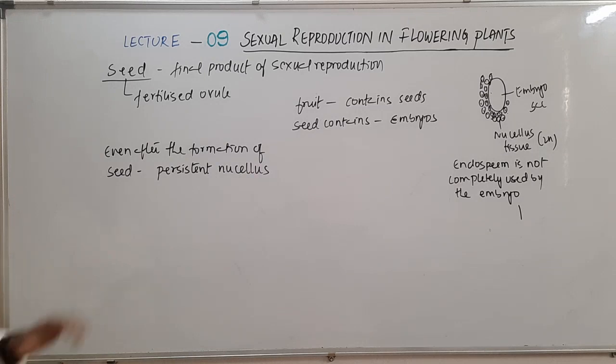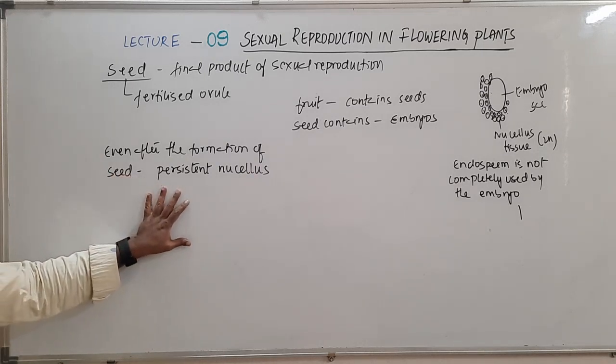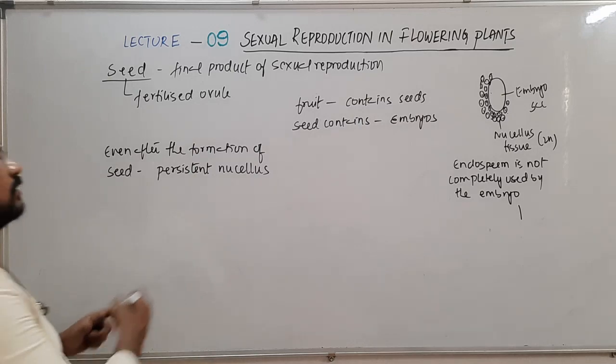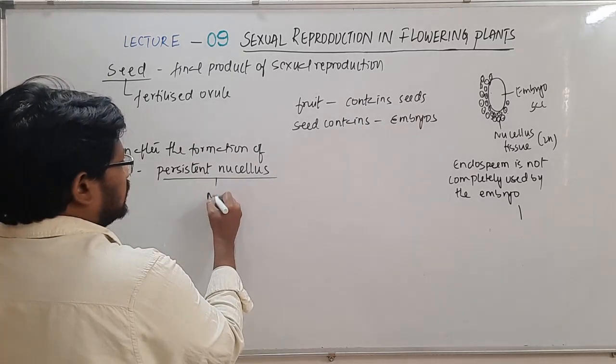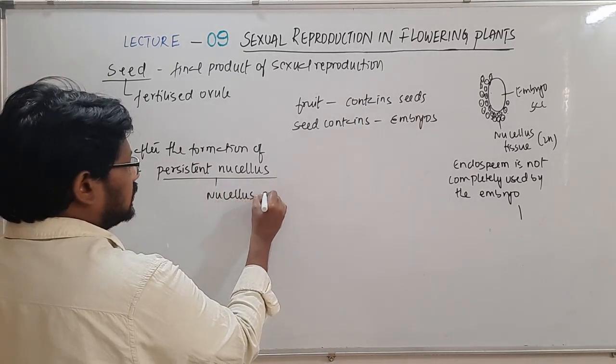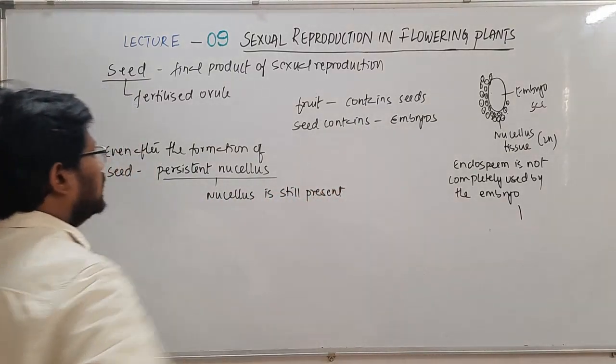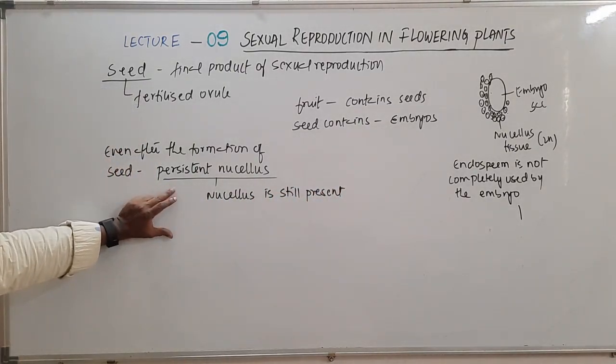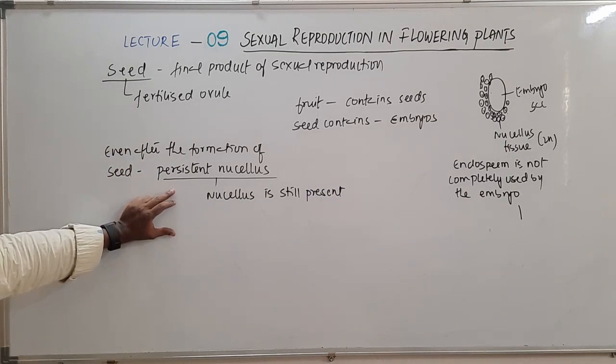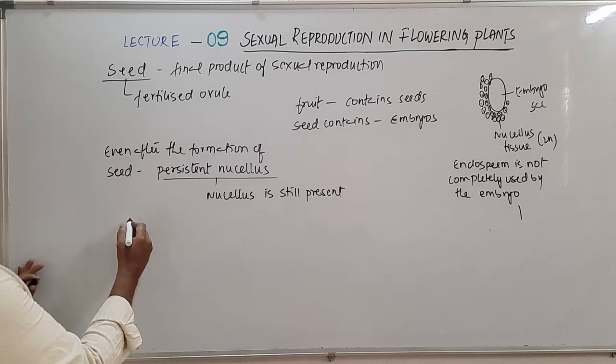Even after the formation of the seed, the nucellus is still present, and that's what I call persistent nucellus. I call this persistent nucellus by another term: perisperm.